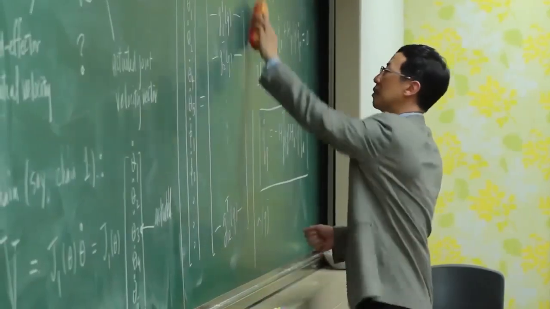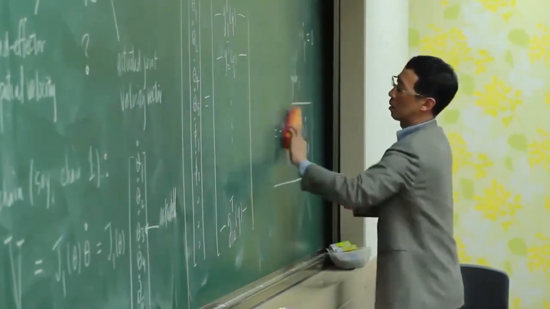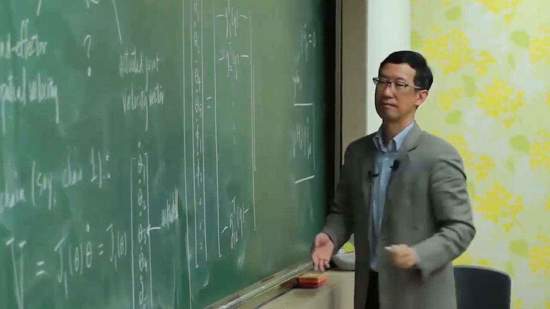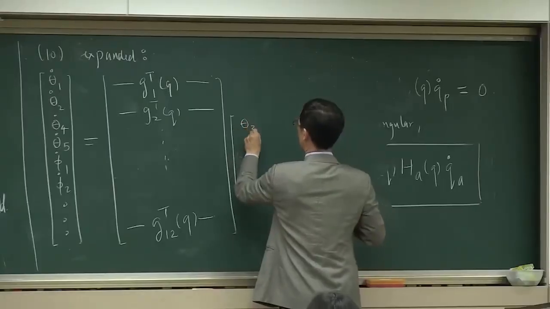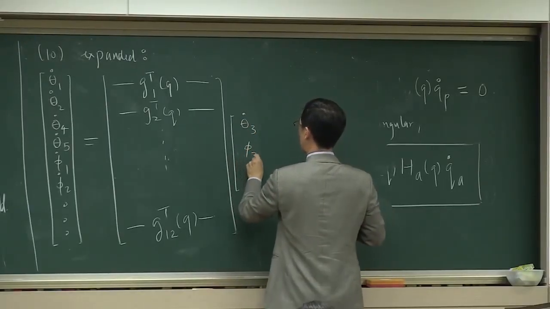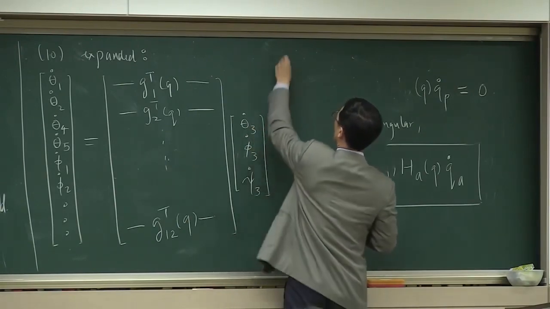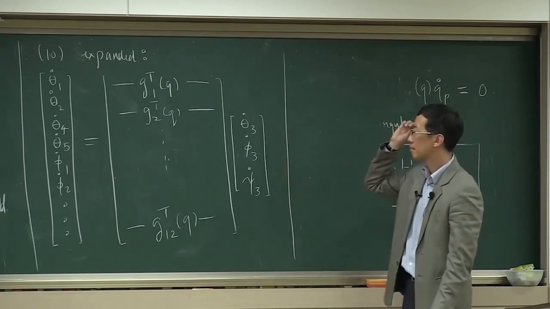This times QA dot, which is theta 3 dot, phi 3 dot, and psi 3 dot. All right, so I have this.